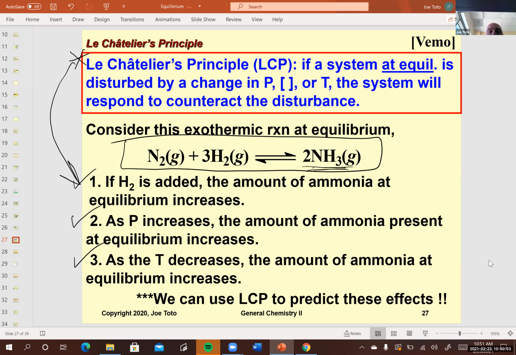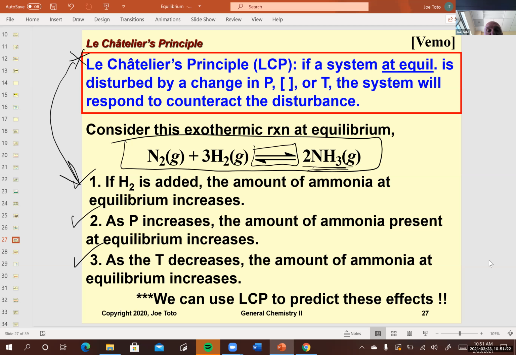Okay. Now, how do we think in terms of Le Chatelier's principle to rationalize this behavior? Well, number one, we consider initially a reaction at equilibrium. So this double arrow is valid. All of a sudden, somebody injects H2 gas into that equilibrium.